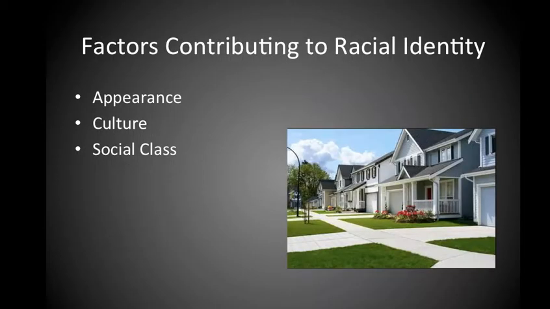Some argue that categories on the U.S. Census essentialized racial identity. The U.S. Bureau of the Census is used to measure the various categories of race in the United States. The definition that the Census Bureau uses to measure race changes depending on the general population's definition of race.